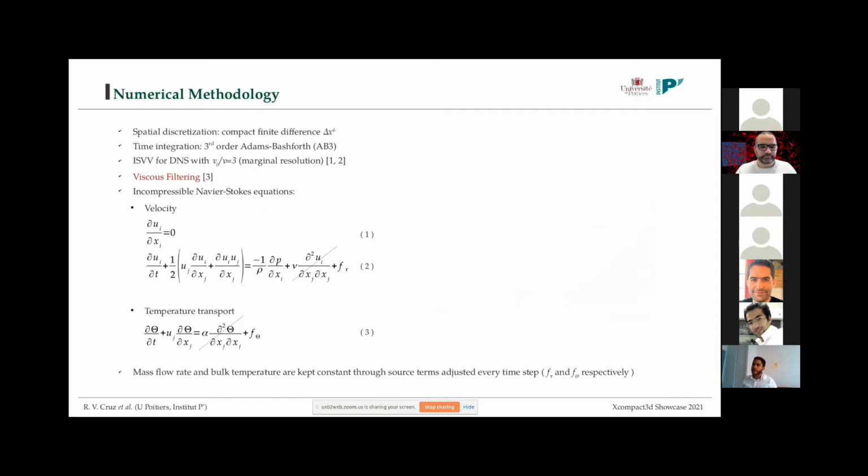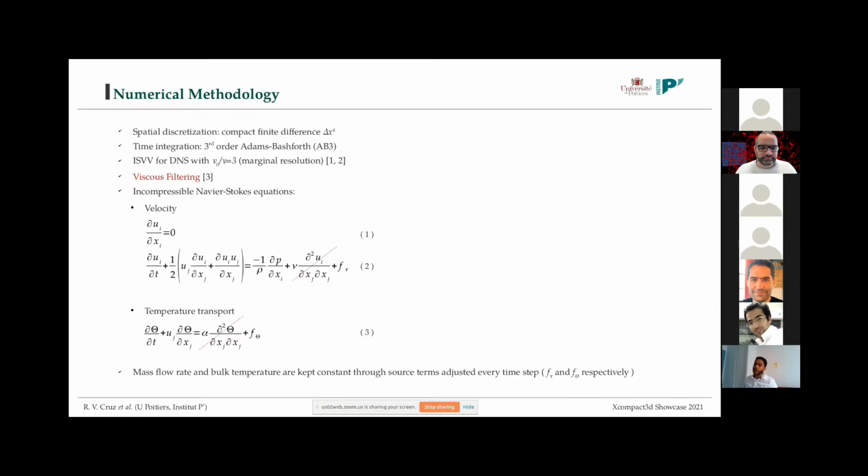For our DNS, as we perform it almost always in marginal resolution, we use some small amount of numerical dissipation for regularization. And this new technique, the viscous filtering, allows us to suppress the diffusive terms from our governing equations, so that any stability constraint related to diffusivity is strongly relaxed.